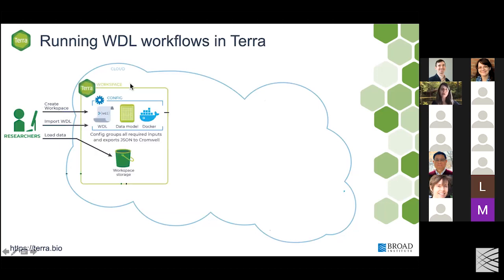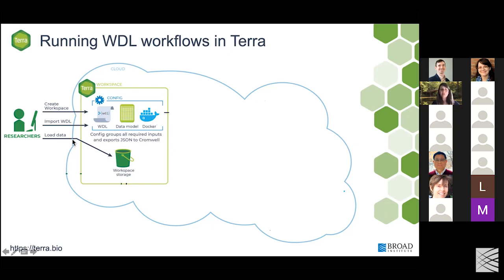When you go to that workflow configuration page in your workspace, remember that you're pulling in data from a data model. That data could live in workspace storage or some other repository. And your WDL script itself will contain the instructions for what you want to do with that data, as well as a pointer to the Docker image that has the software that you want to use.